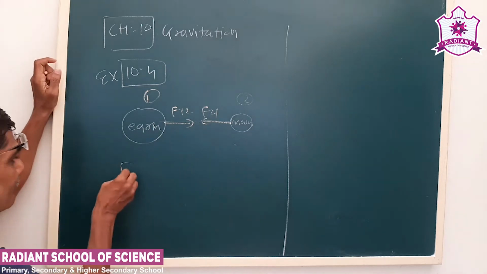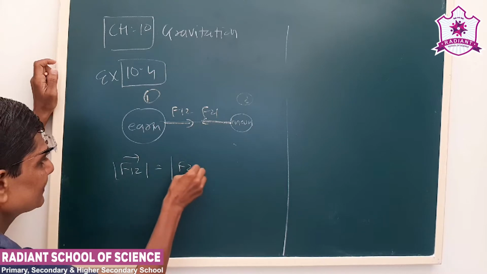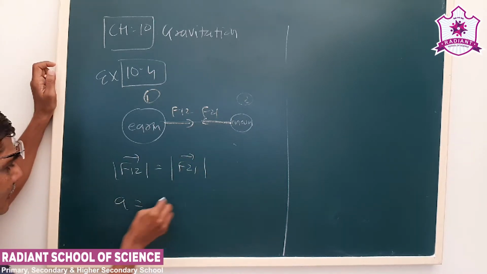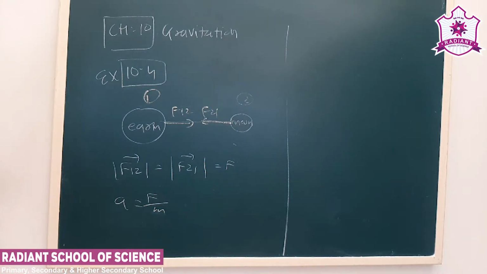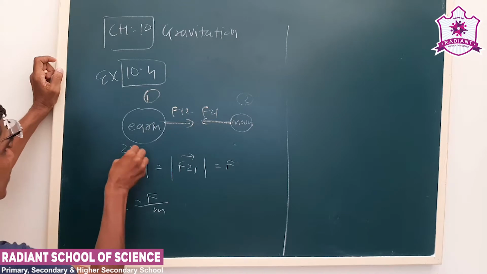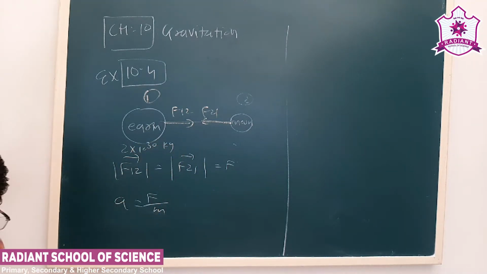We have seen F12 is F21. Now let us say a equals F upon M. The mass of the earth is very large, 6 × 10^24 kg. The mass of the moon also can be known to us.